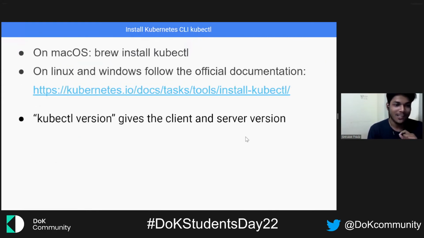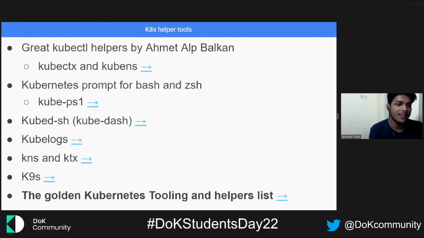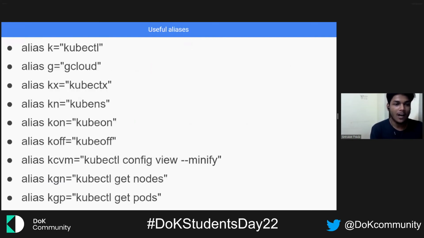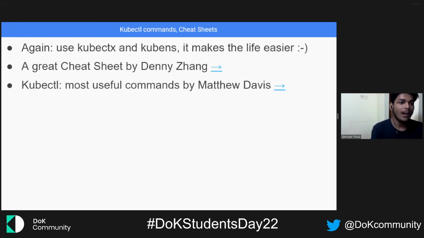Sorry for that, folks. Once you have set up kubectl, you could just make sure by typing in kubectl version. And there are a bunch of commands that can help you through, aliasing through it. And again, coming to the cheat sheets, the resources that will get you started.